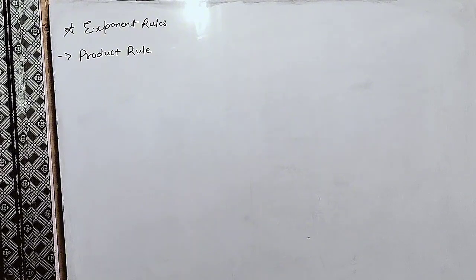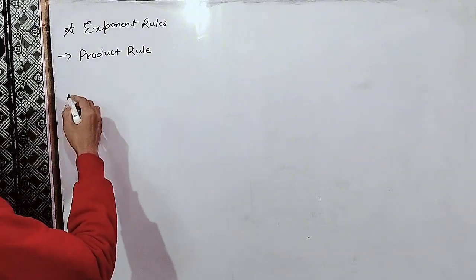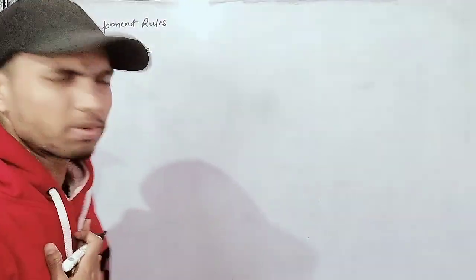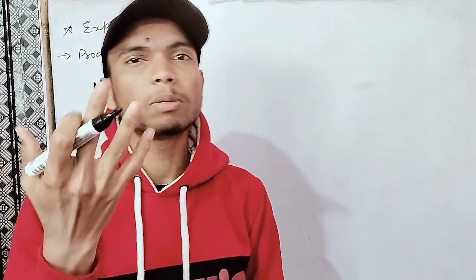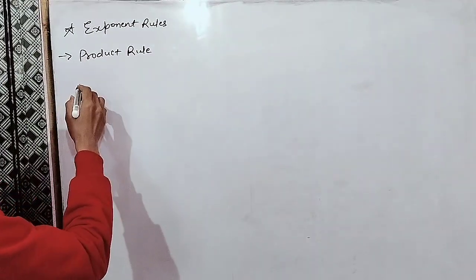So it is saying that there is one way to represent a product rule. Our base will be the same, but the exponents can be different. Then we will be able to define our product rule. So we are going to break down this word.